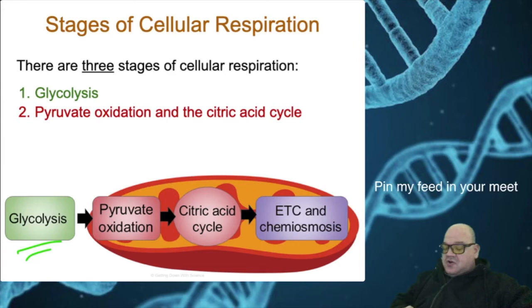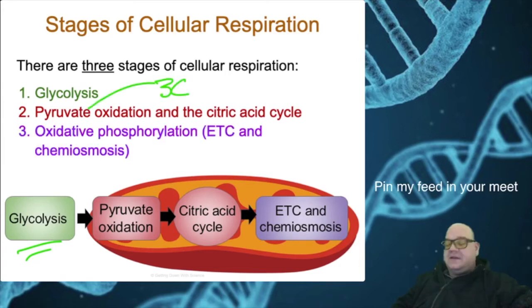It's a different form though. So that 3-carbon sugar is glucose cut in half. Then you get oxidative phosphorylation. That sounds pretty complex, but we will get to it when we talk about the electron transport chain. So 3 different stages.